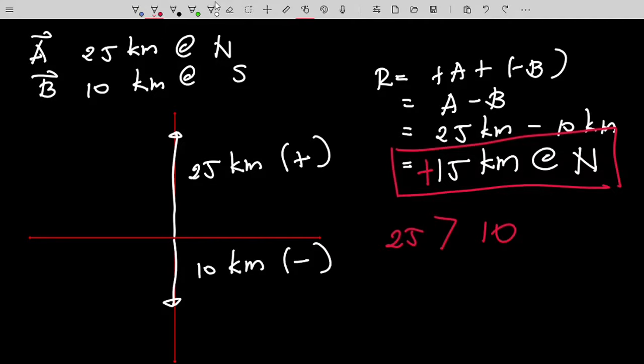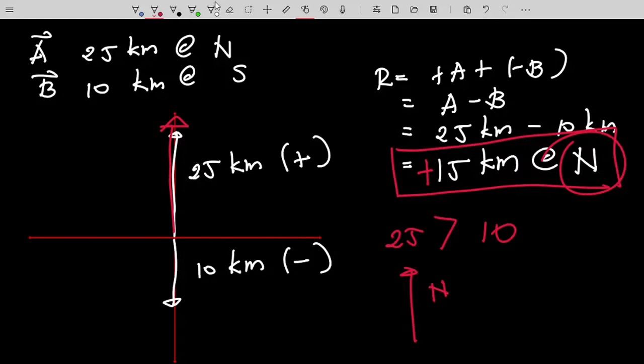So whenever we have a resultant vector that has a positive value, it should always go to the north direction, because we know that your vector A is positive and goes to the positive or to the north direction. So the direction of our resultant force is actually in the north.